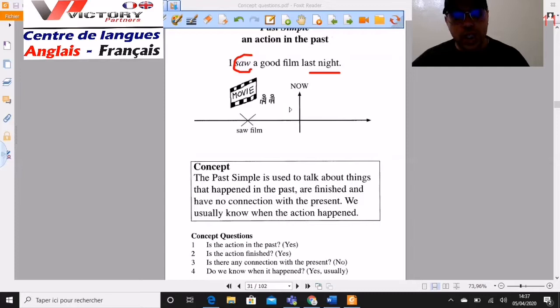As you can see here, there is no connection with the present. Do we know when it happened? Yes, we know when the action happened: last night. So we use the simple past to talk about an action that started and finished at a specific time in the past, a completed action in the past.